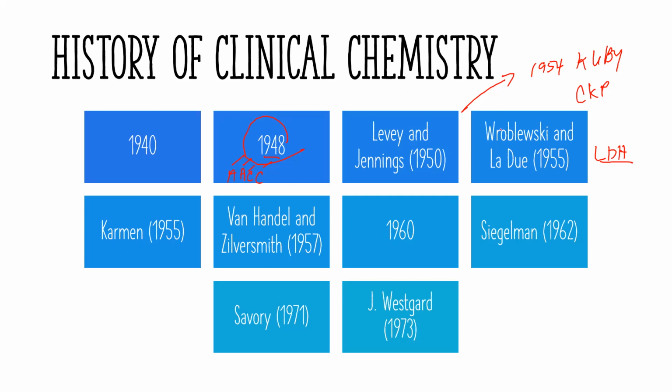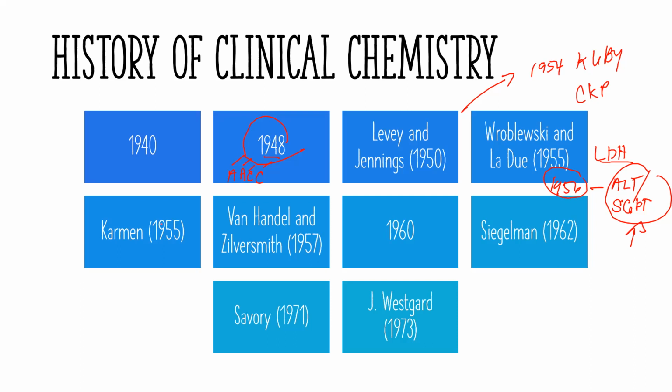In 1956, the same people, Wroblewski and LaDue, developed the method for serum alanine aminotransferase, ALT, activity. ALT is formerly known as SGPT, and take note, it has greater specificity for liver diseases.